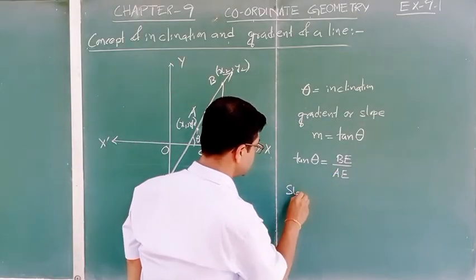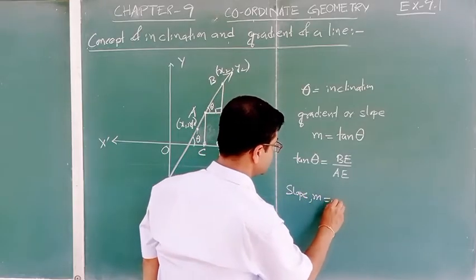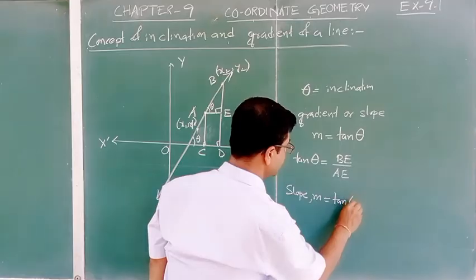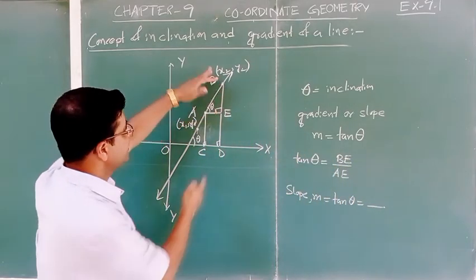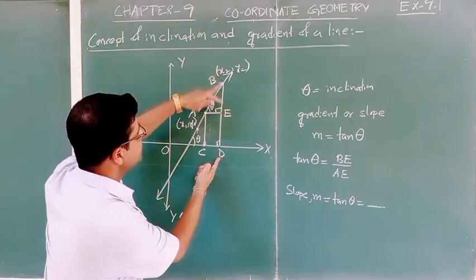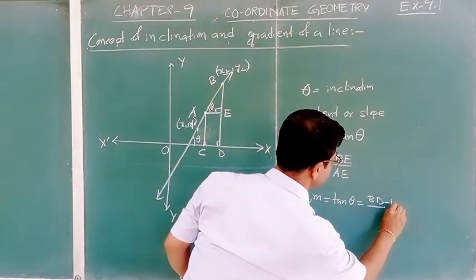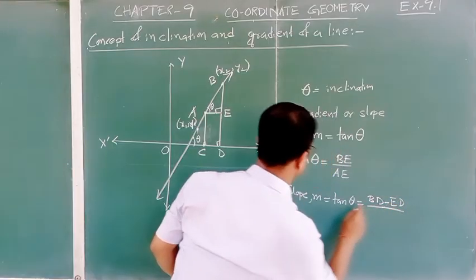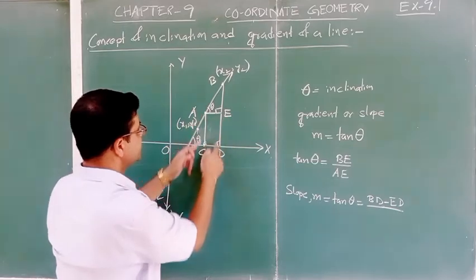Now slope or gradient m is tan theta. BE is BD minus ED, and the base AE is the distance CD.